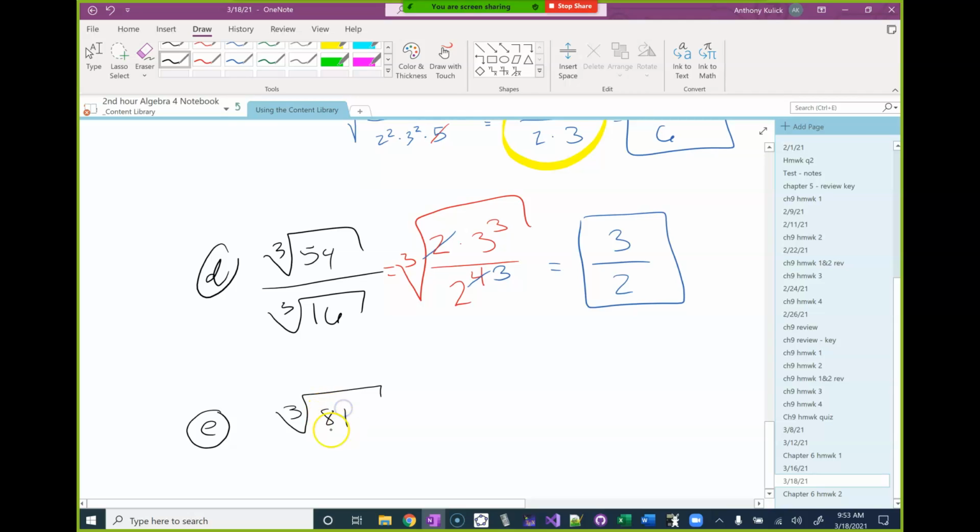Just like on the previous problem, I'm going to do the prime factorization. Now there's no reducing that, so there's no reason to think about this as one radical, so I'll just leave it as 2 separate radicals. Everybody okay there? I can reduce the numerator, so I have 4 3's in there. I need 3 of them to bring the 1 out of the radical. Is everybody okay with that?